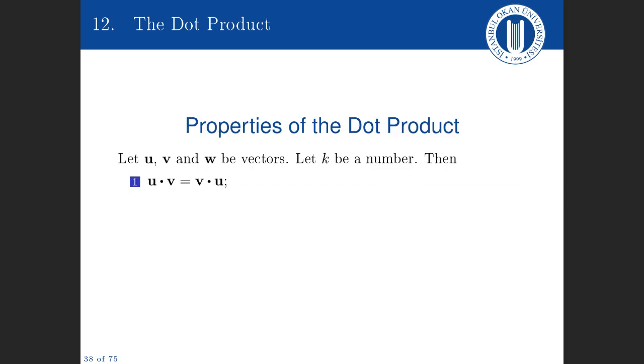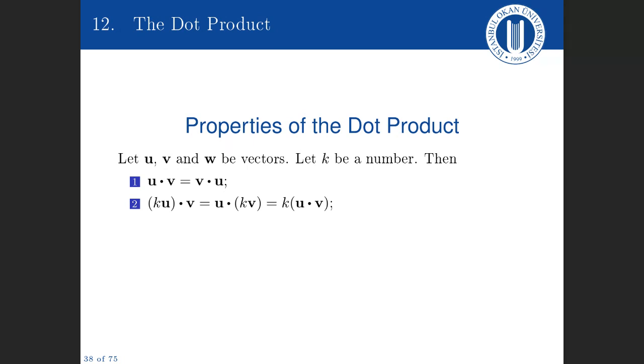That brings me on to talking about properties of the dot product. Let's suppose u, v, and w are vectors, and let's suppose k is a number. Property number 1, u dot v is always the same as v dot u. If we multiply by a number k, it doesn't matter where we put k. k u dot v is the same as u dot k v, or k multiplied by u dot v.